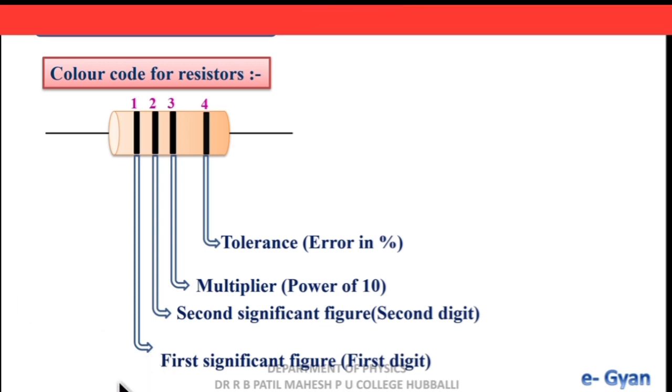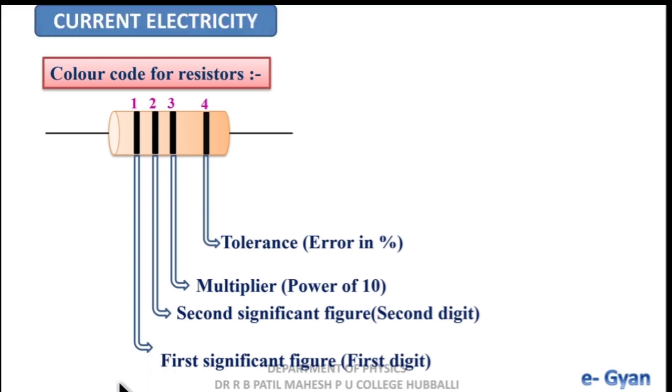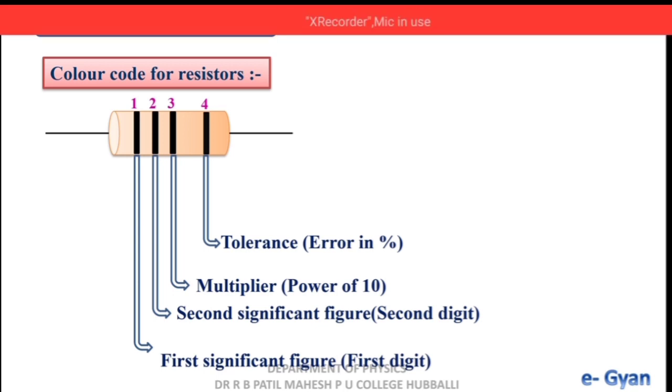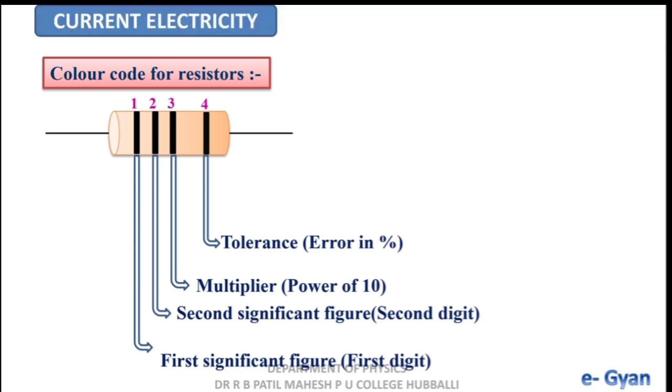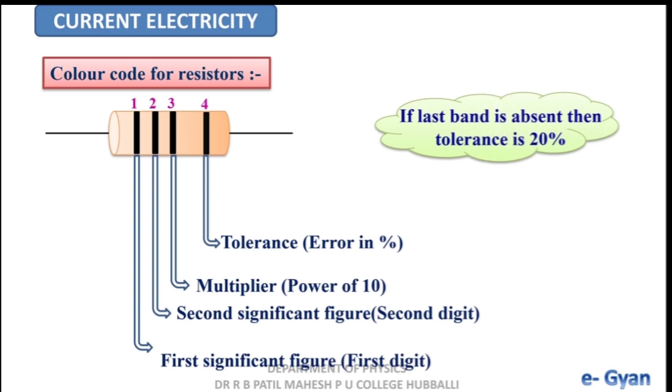Color coding is given, and with the help of that color coding we can find the value of resistance of this color code resistor, and for different colors different numbers are given. If there is no fourth band, then the tolerance is 20%. If the last band is absent, then tolerance is 20%.